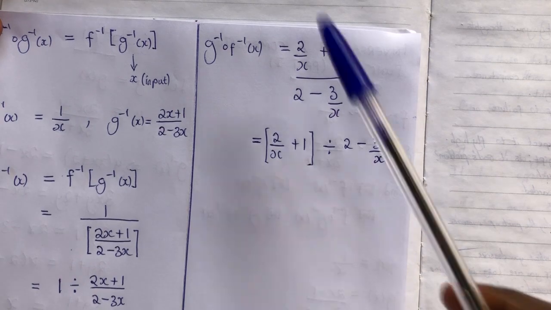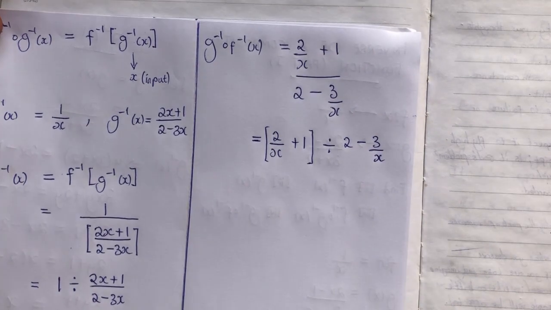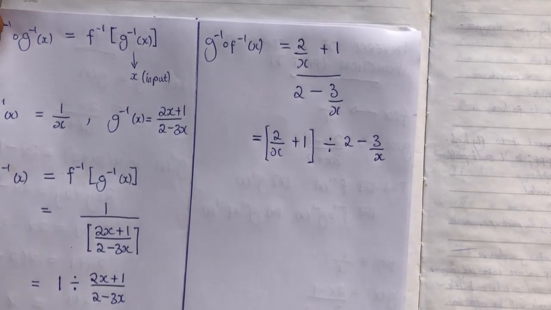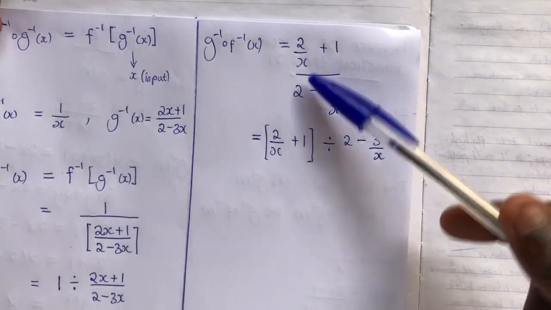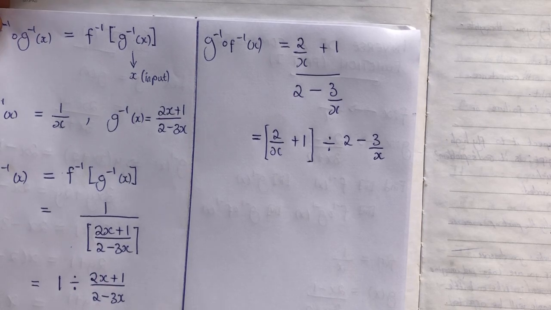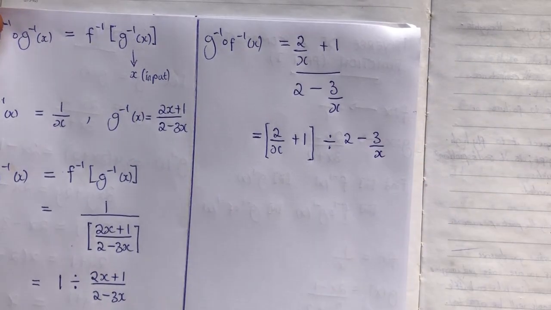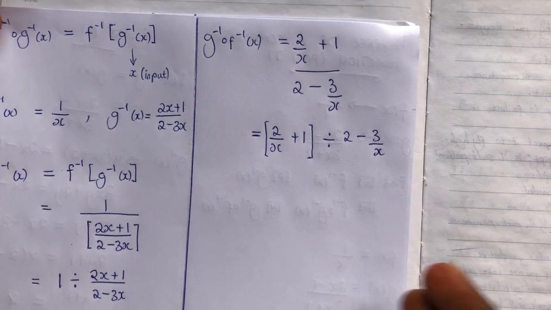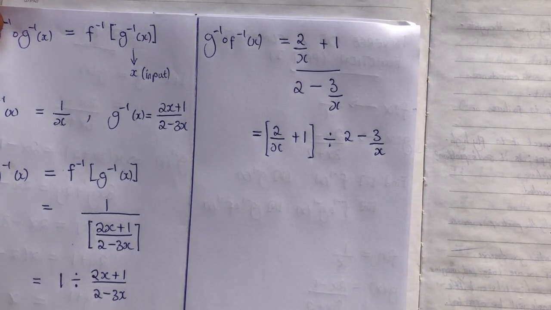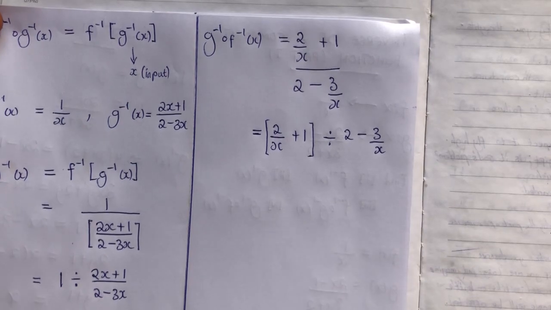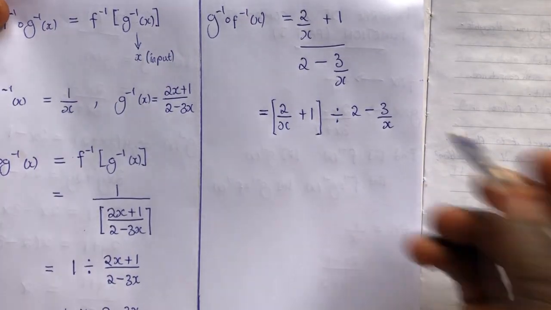Some of us can just look at this and give the answer, but there are some of us that still need help. So I'm going through these simple steps for you out there who is struggling with these things to get the basic understanding and then help you to improve in maths.